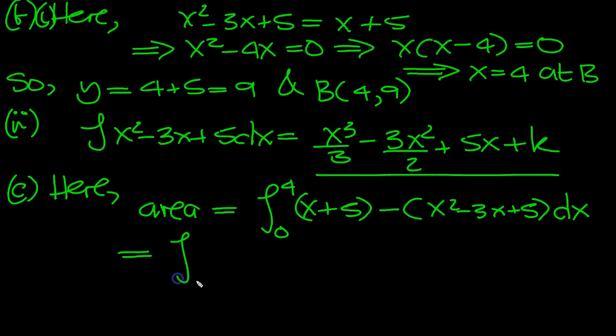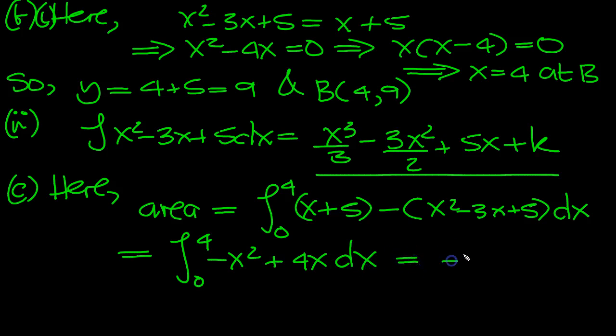So this would be the integral between 0 and 4 then. We've got x, we've got a minus x squared. We've got x minus minus 3x, which is plus 3x, so that's 4x. We've got a 5 take away a 5, so they cancel.